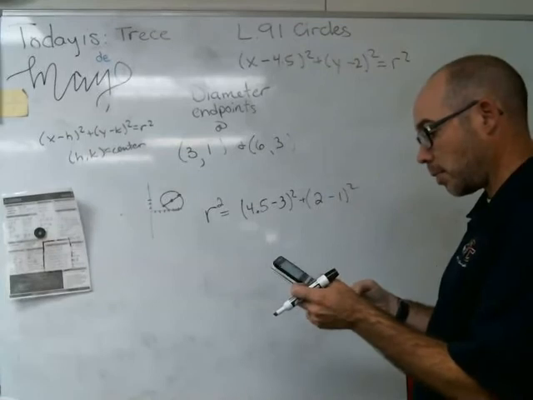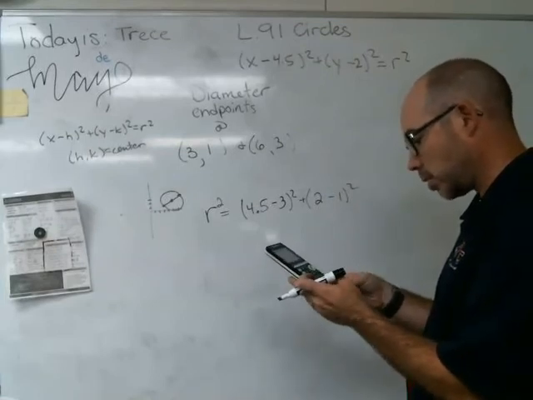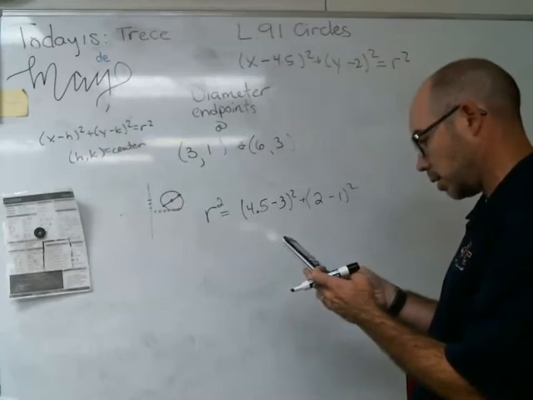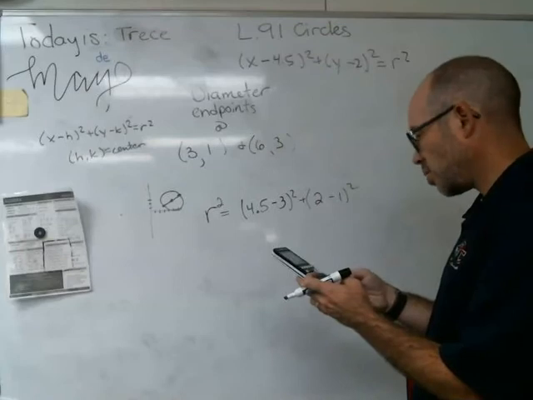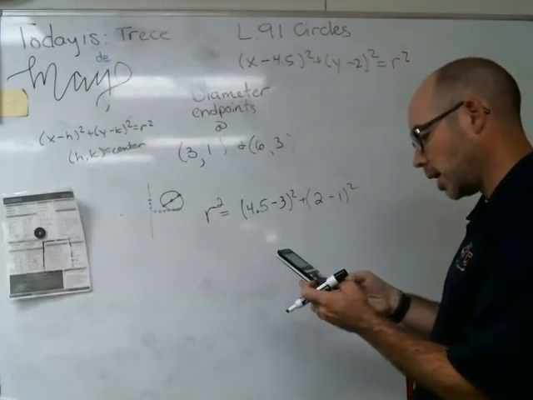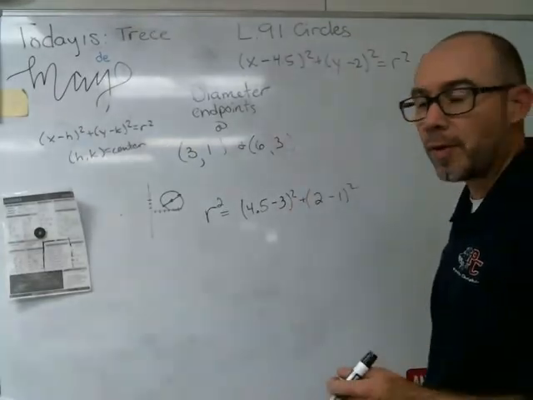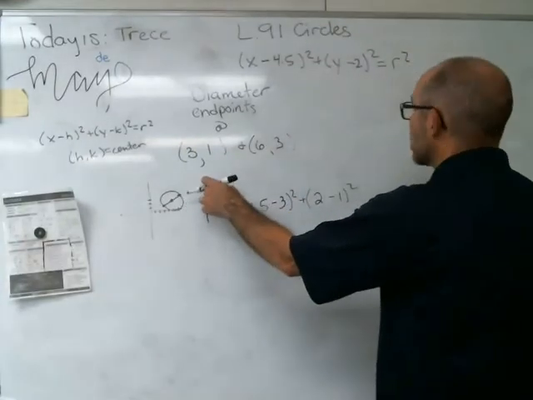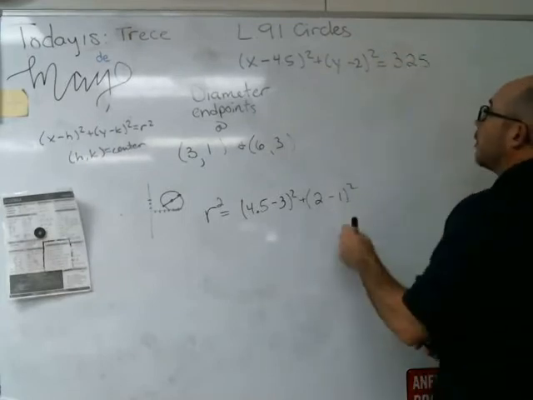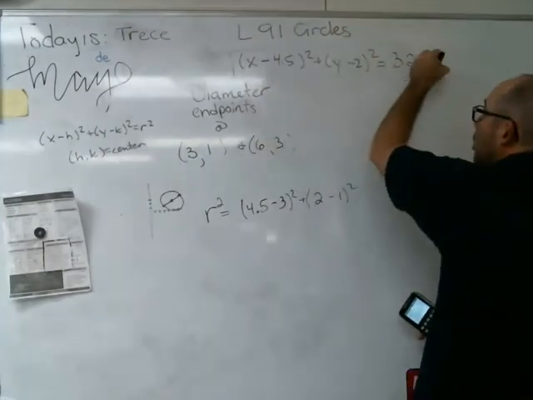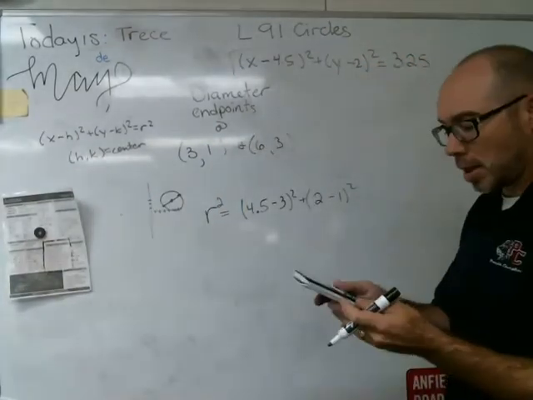My calculator is happy to do all that for me if I just keep track of my parentheses. 4.5 minus 3 squared plus, this is stupid, but I'm doing it anyway, 2 minus 1 squared, enter, 3.25 is radius squared. There we go. Now I figured the center out, I figured out the radius, I can write it as that.